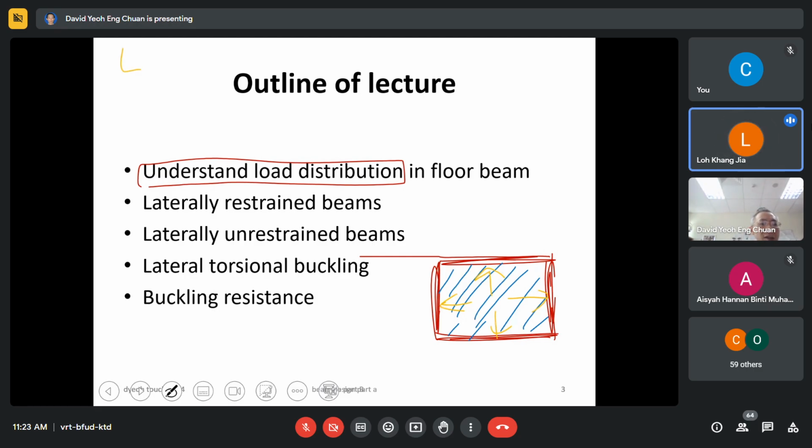If it's less than 2.0, then it is a two-way slab. And if it's a two-way slab, then what do you do? Then you need to refer to a table to check the loading, to get the factor and transfer the loading to the beam. What is that table, and where do you find that table?